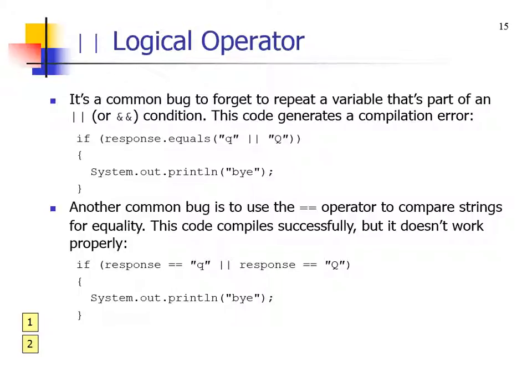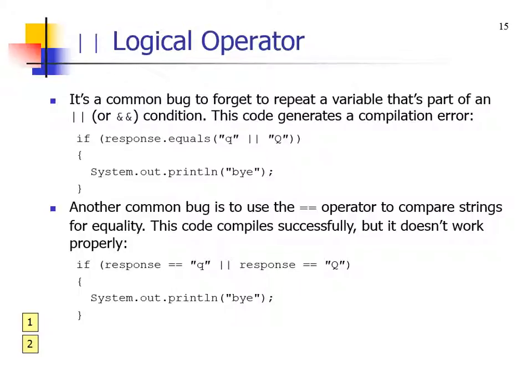Can you do that? Because it says it generates an error if you don't repeat the variable name. Oh, right here? Yeah, that would be right. That's why I was saying earlier you had to do it this way.